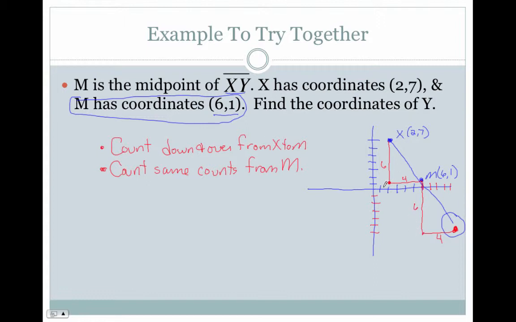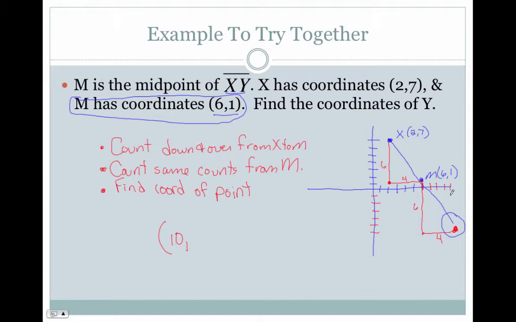So now I just got to figure out where that point is. So now I got to find the coordinates of the point. And on graph paper, it's going to be much better. So I'm going to go 1, 2, 3, 4, 5, 6, 7, 8, 9, 10. 10 to the right.